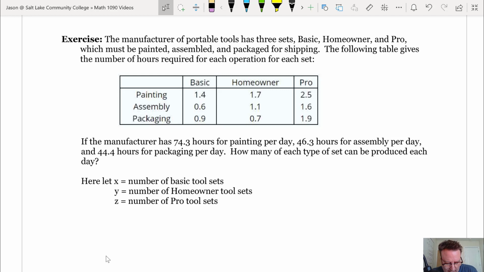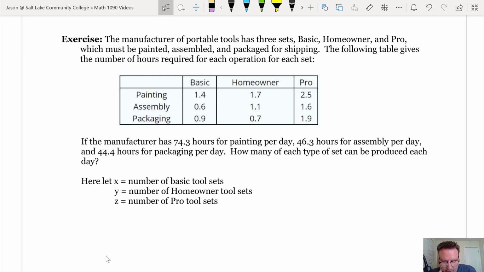They say let X equal the number of basic tool sets, Y will be the number of homeowner tool sets, and Z will be the number of pro tool sets. So the question there is that last sentence. How many of each type of set can be produced each day?